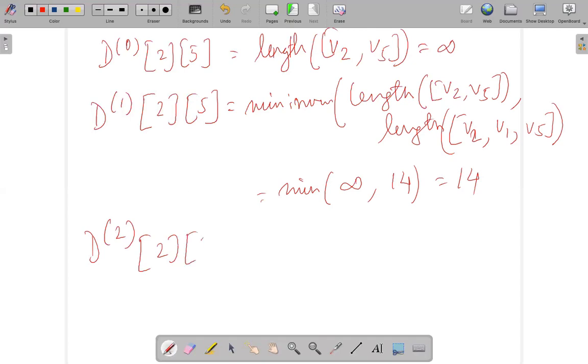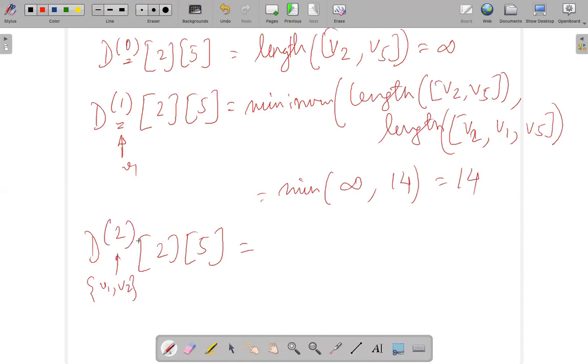Similarly, you keep on computing D2 2,5. Now V0 in this case basically indicates the direct connection, so D0 indicates the direct connection. D1 has only one intermediate vertex, that is V1. Here you have two intermediate vertices, V1 and V2. This is how you read it.